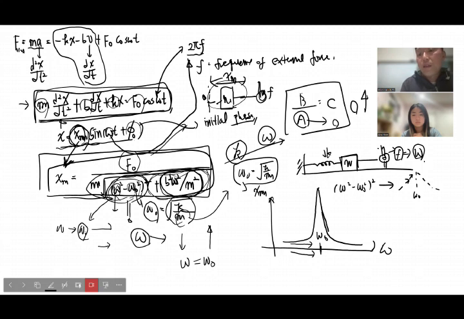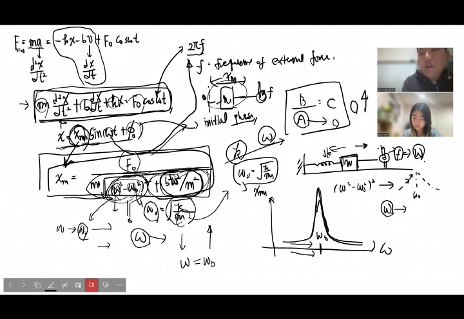So when the external frequency of the driving force is exactly the same as omega naught, you end up with a really large magnitude, because all the energy from the external driving force or motor can be fully used to push this mass back and forth, oscillating.